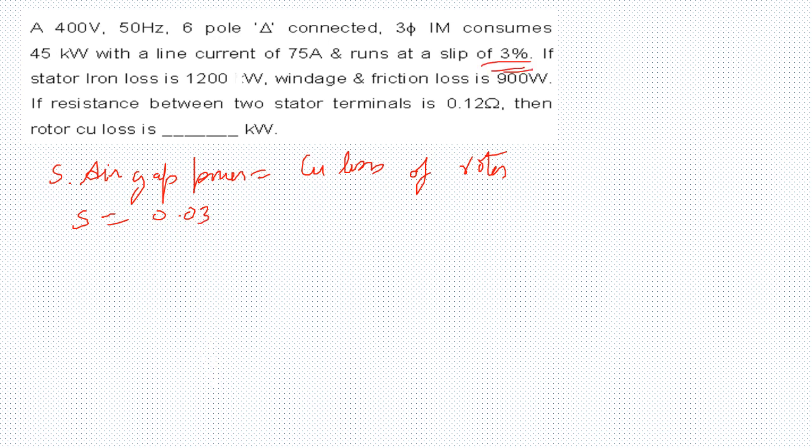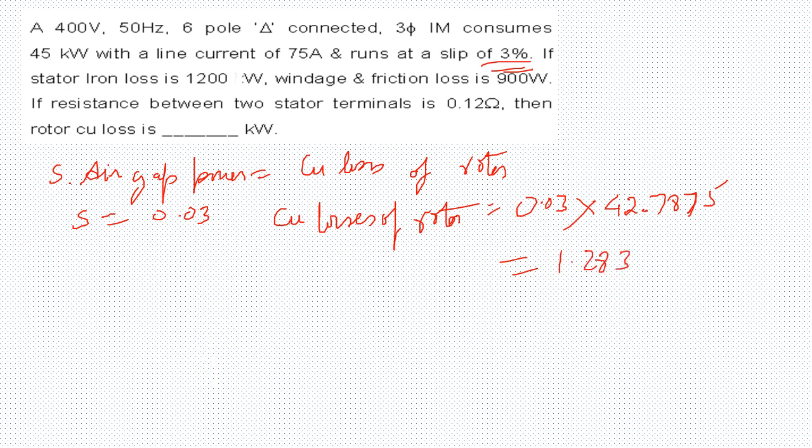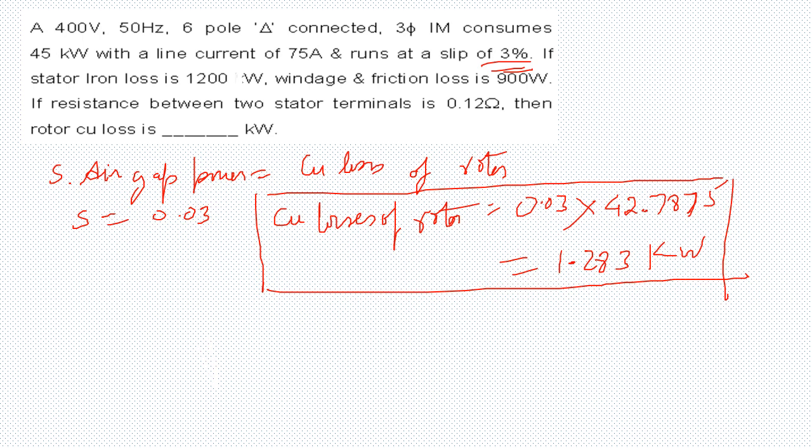So the copper losses of the rotor will be 0.03 times the air gap power, 42.7875. If you do this calculation, what you get is 1.283 kilowatt. So our copper losses of the rotor are 1.283 kilowatt, and this is our answer.